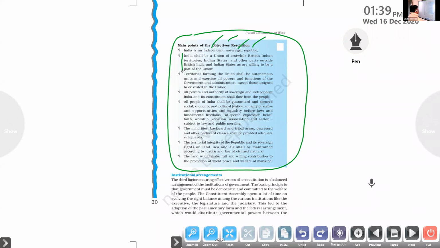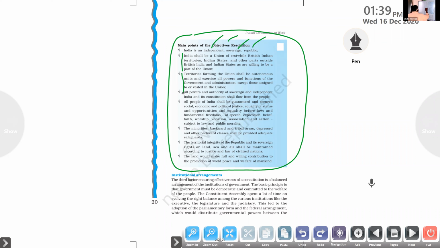Territories forming the union shall be autonomous units and exercise all powers and functions of the government and administration except those assigned to or vested in the union. So territories forming the union shall be autonomous units. Autonomous, they have their own powers and exercise all powers and functions of government and administration except those vested in the union.